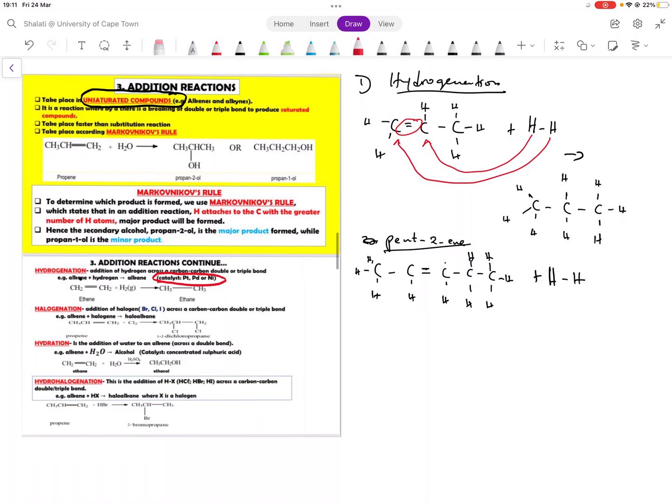What is going to happen on the double bond? The hydrogen will be added on that carbon, and you only add on the carbons which are forming the double bond.